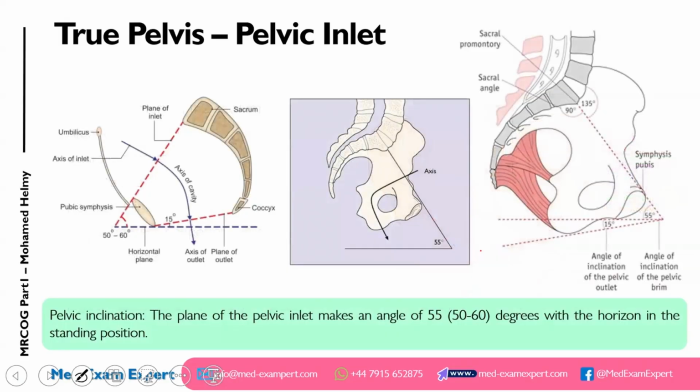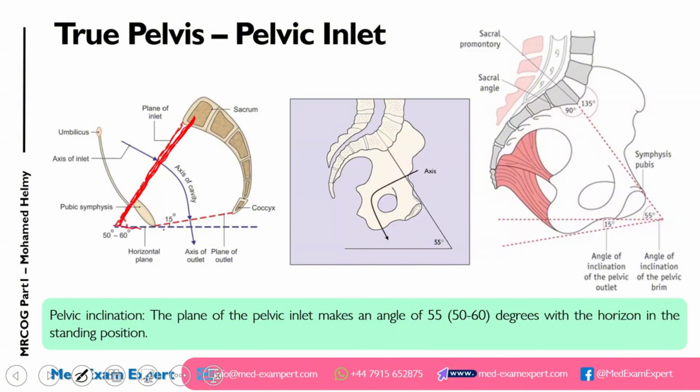This is the inclination of the plane of the pelvic inlet. What does that mean? When we see a side view of a woman in a standing position and look at the pelvis from the side, we look at the inlet plane. This is the plane of the inlet.